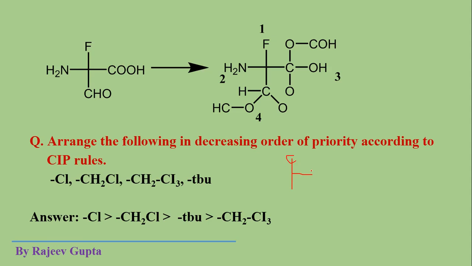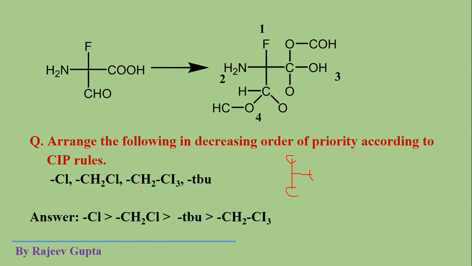Here is a methyl group, and here also a methyl group, meaning 3 carbon atoms are directly attached to this carbon atom of the tertiary butyl group. So what will be the order? This is the second option: here 2 hydrogen atoms and 1 carbon. So what is the order? This will come at the second position.